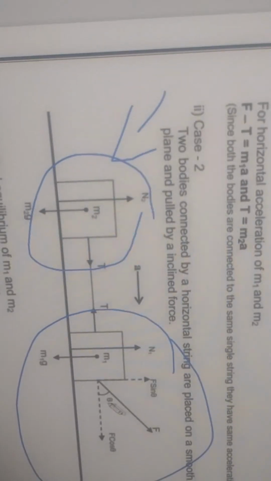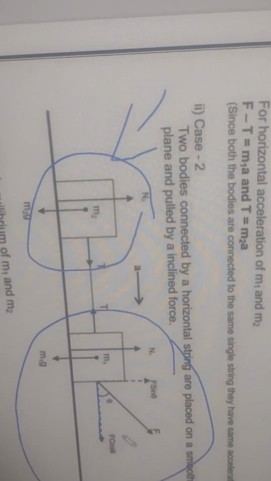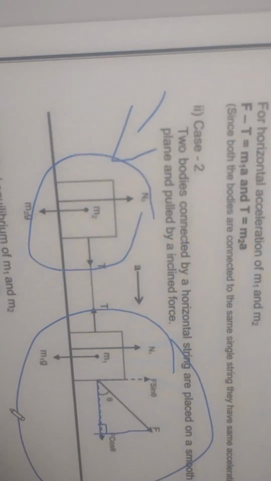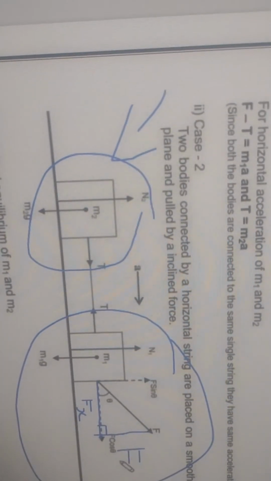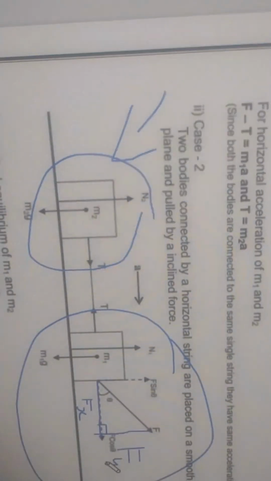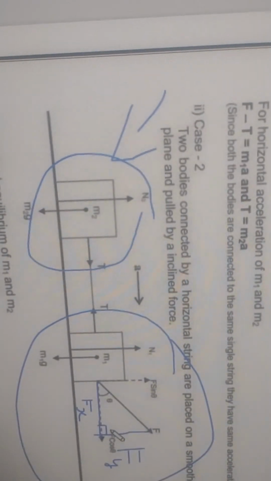This is already explained. We will take this triangle. This is 90 degrees. We take F of x and this is F of y. F of x is in this direction, so this will be the base.